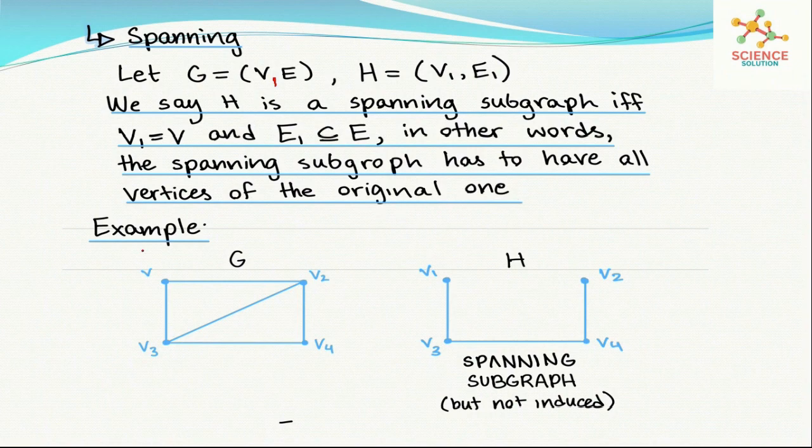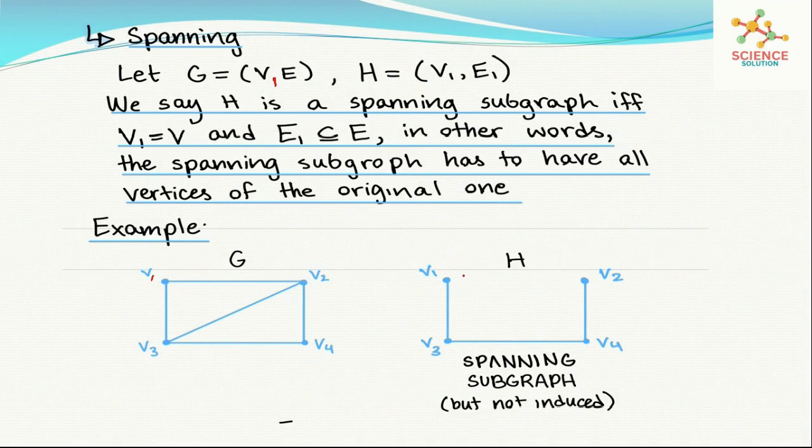For example, let G be a graph having four vertices V1, V2, V3, V4 with 5 edges as shown in the diagram.